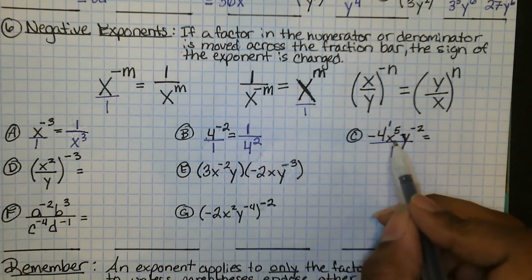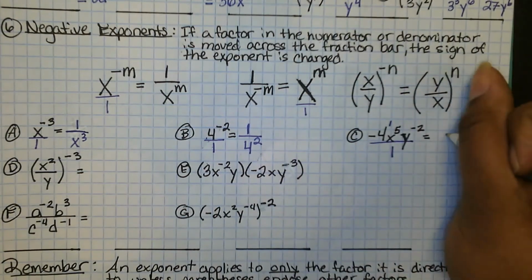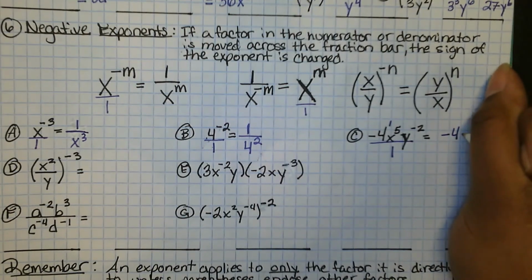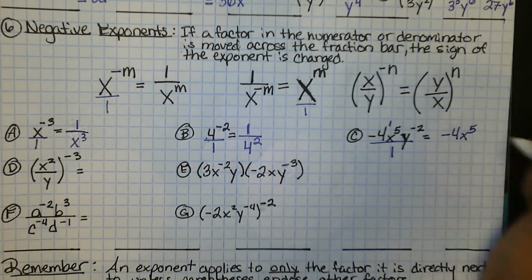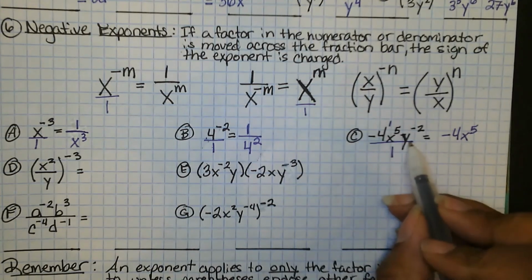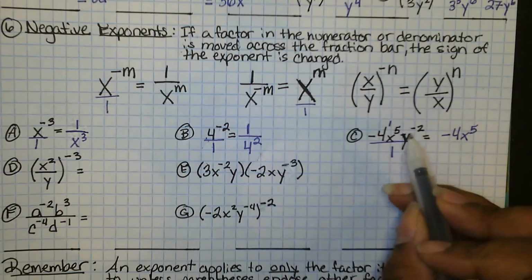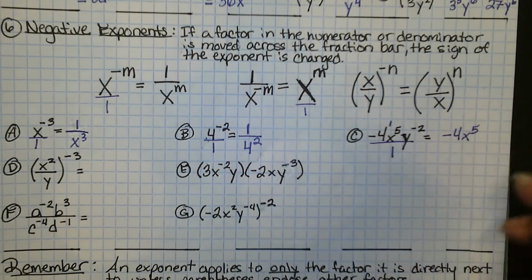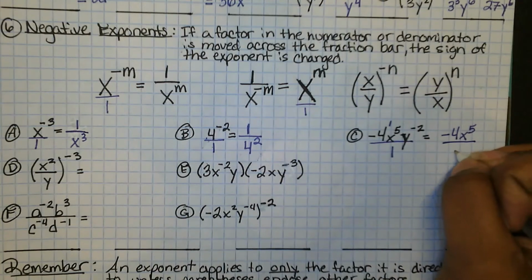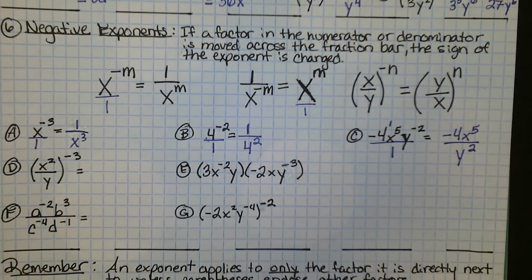The x has an exponent of a positive 5. So that one is also in the correct spot. So negative 4 and x to the 5th power stays where they are. But the y has an exponent of negative 2. So that means the y base actually belongs in the denominator, and the exponent will now be positive.